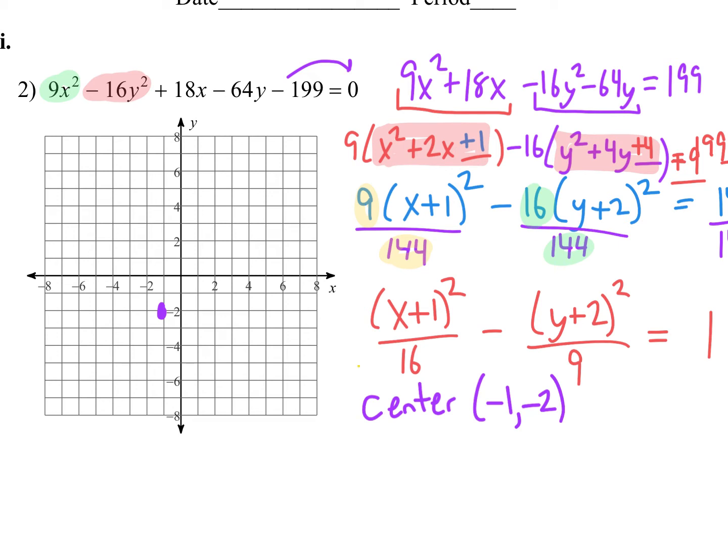In the x direction, it's 16, so I'm going to go 4 units left and right from that center. 1, 2, 3, 4. And in the y direction, there's a 9 underneath, so 3 up and down. 1, 2, 3. That's going to give us our little rectangular box to set up the asymptotes.